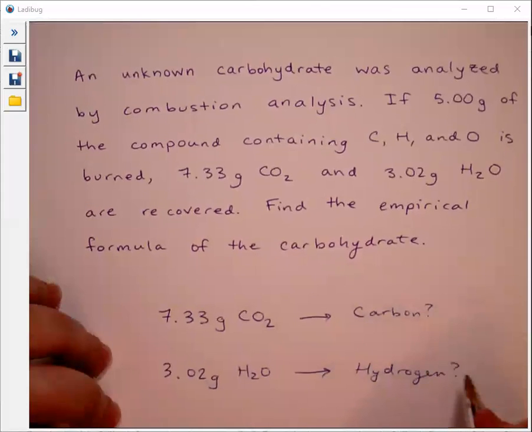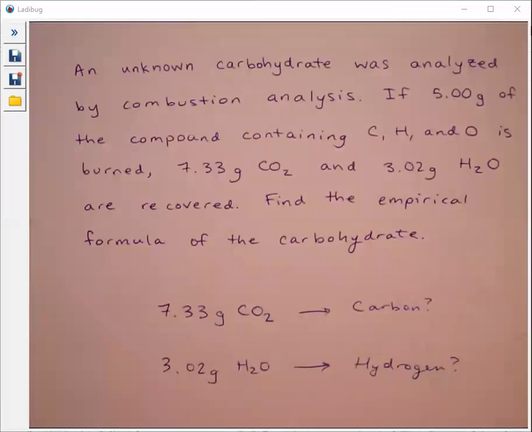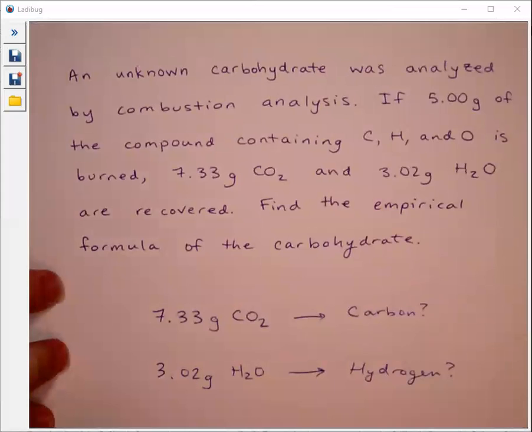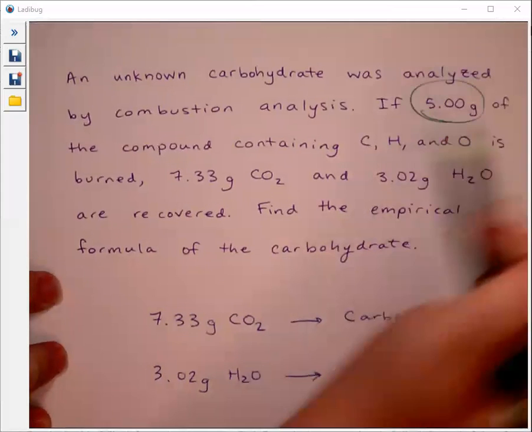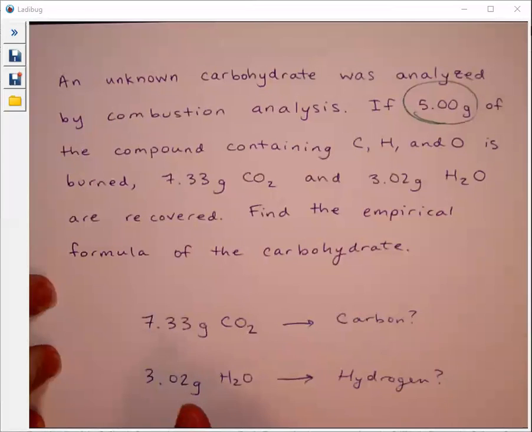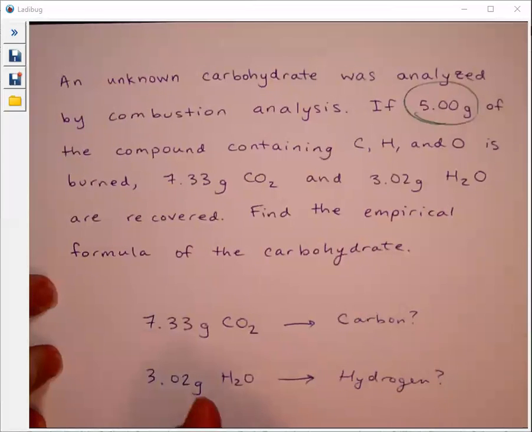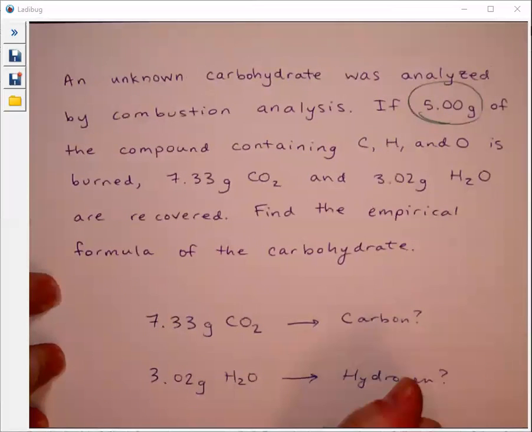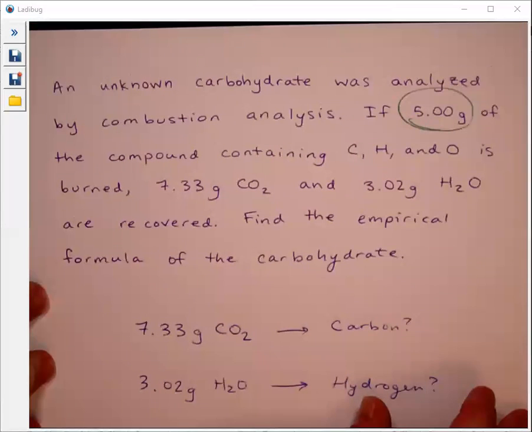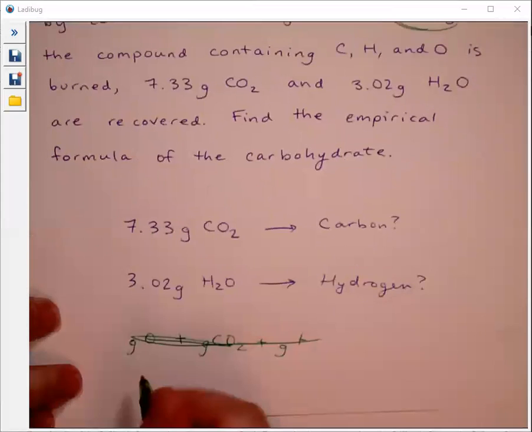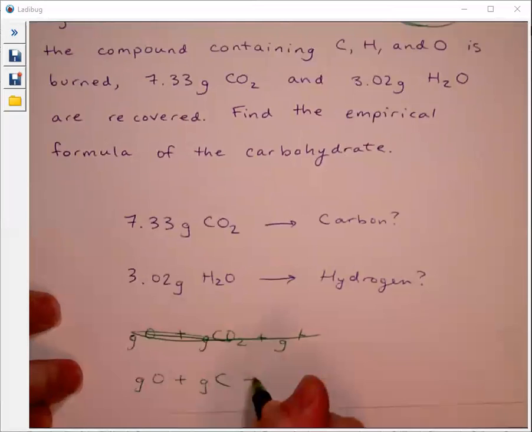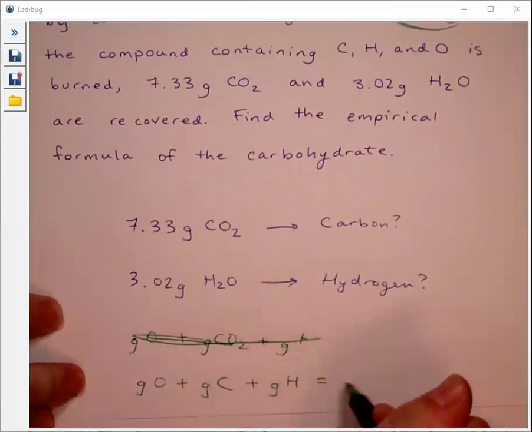The main difference here is we're also going to want to find the grams of each, because the mass of each element is going to add up to the 5 grams of the compound that's burned.